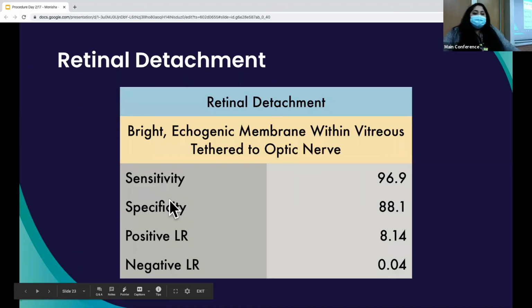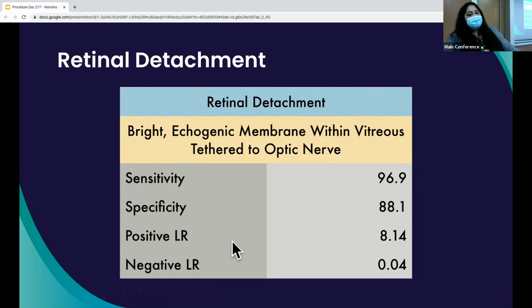They recruited people with symptoms of blurry vision, flashes, floaters, vision loss, and excluded ocular trauma. The results were shown to optho attendings who did not know the diagnosis. The retinal detachment, as you see, is quite sensitive and specific, with 96.9% sensitivity and 88.1% specificity, and a strong likelihood ratio.